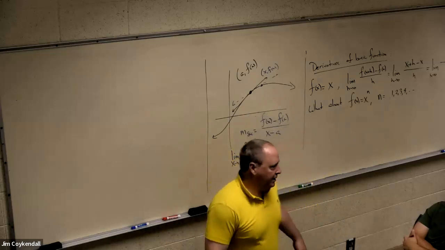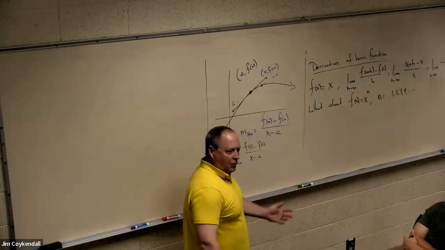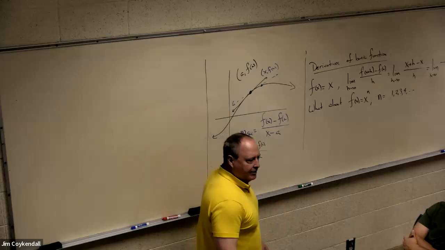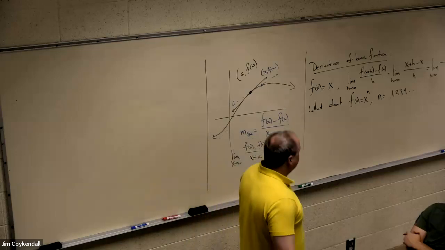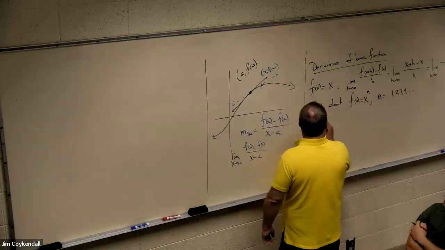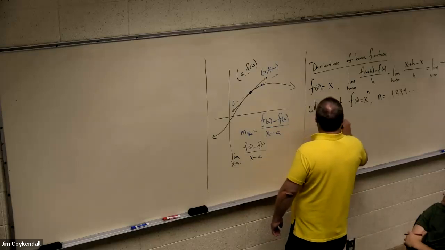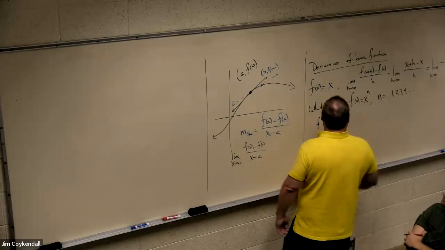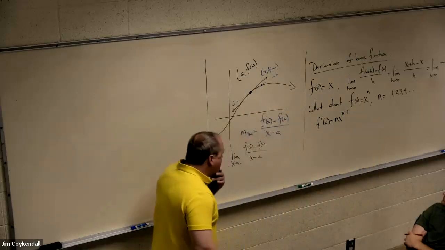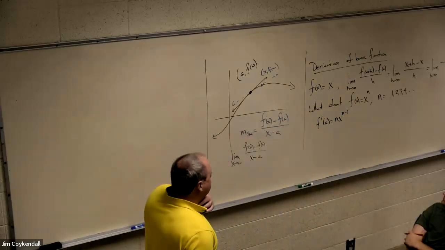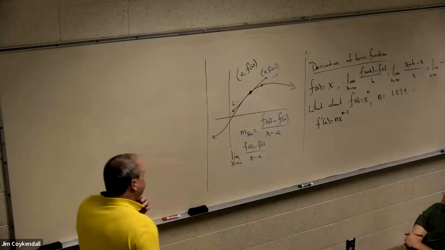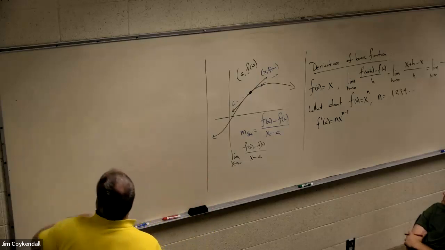What if we want something like x squared or x to the fifth? Actually, here's a way you see this.